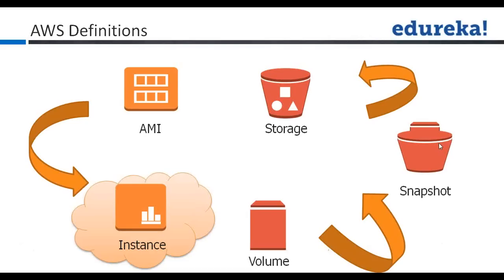Now, very important definitions from Amazon. Note these down. As we go through our session, these definitions will come up day in, day out. AMI is an Amazon Machine Image, your software configuration pack or a bundle of software. What do I mean by that? If you are familiar with Windows, you might have heard of a term called a ghost image.